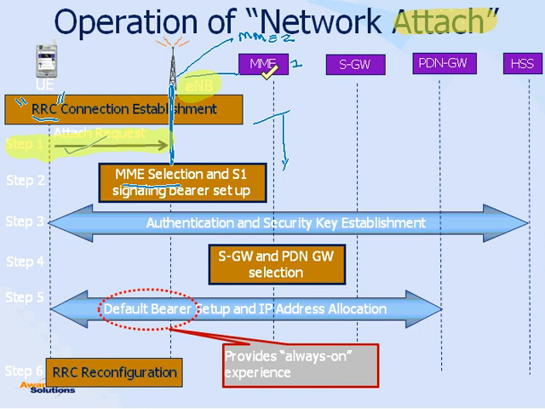So now we will set up a signaling link between the eNode B and MME number 1. That is the S1-MME interface, the control plane between the eNode B and the MME. So we set up that S1-MME link, and we'll forward this attach request message to the MME.